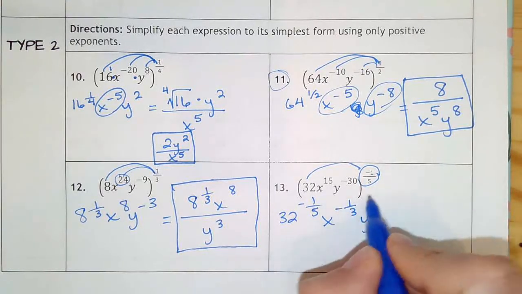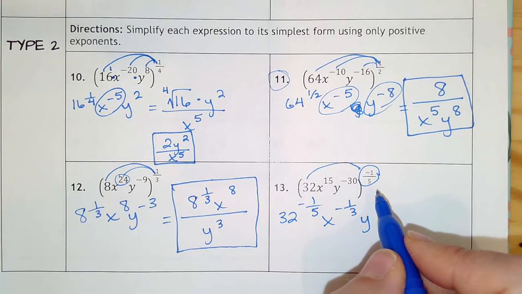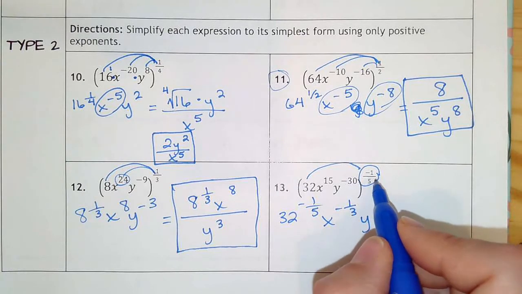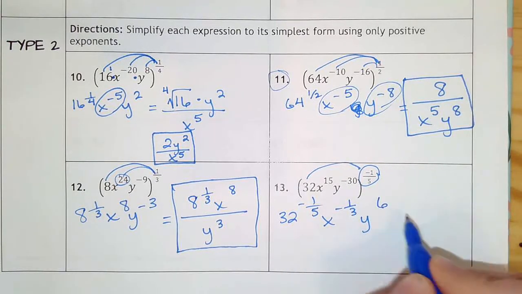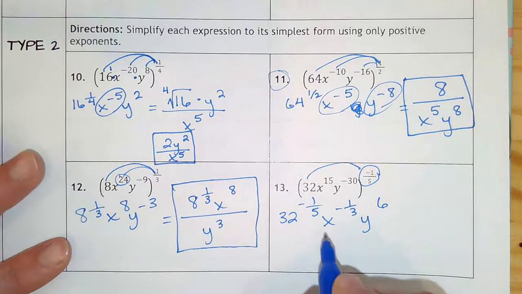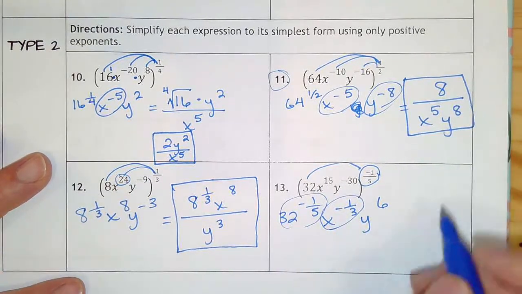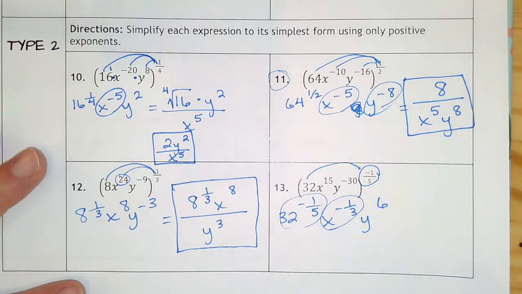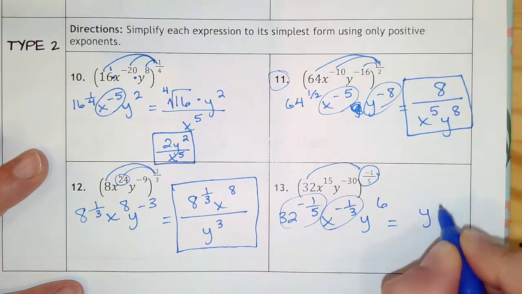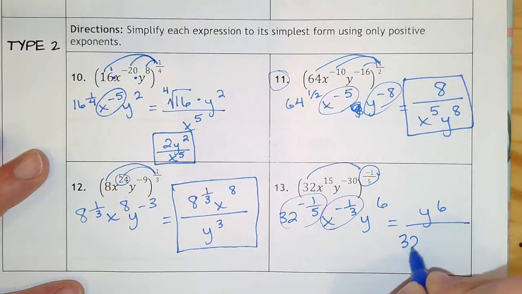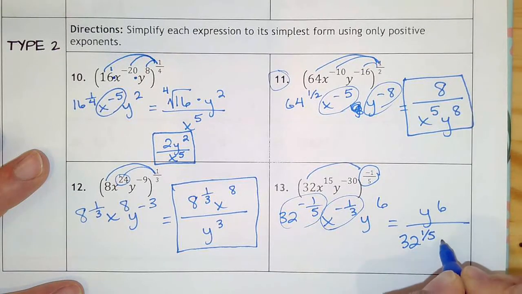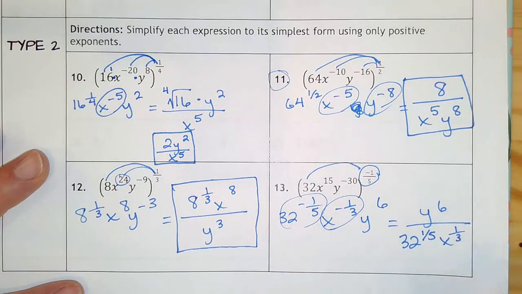And then y to the positive 30 divided by 5 would be 6. Okay, so I'm going to move and move. And so y to the 6th stays. 32 to the 1/5 power, x to the 3rd power.